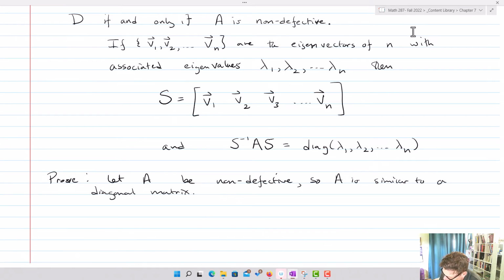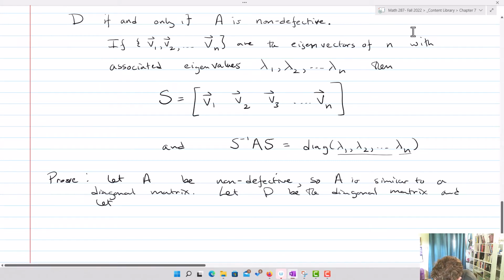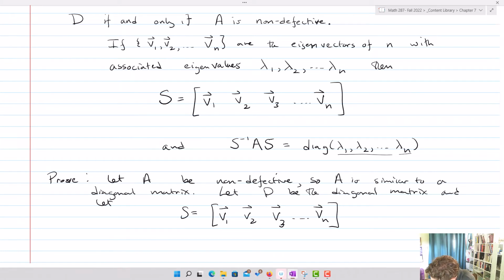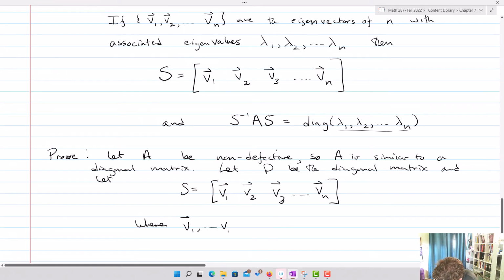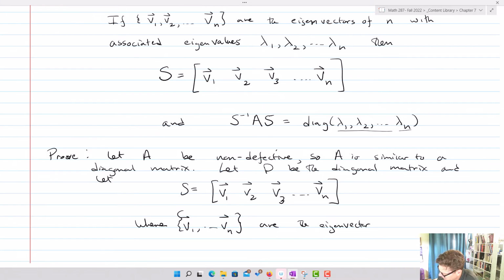Specifically, this diagonal matrix D, which is lambda 1, lambda 2 through lambda n. We're going to let D be the diagonal matrix and let S equal V1, V2, so it's basically the matrix as we set it up, through Vn, where V1 through Vn are the eigenvectors of, excuse me, the eigenvectors of A.